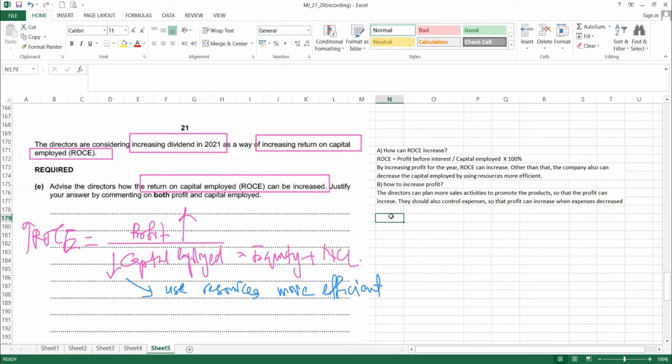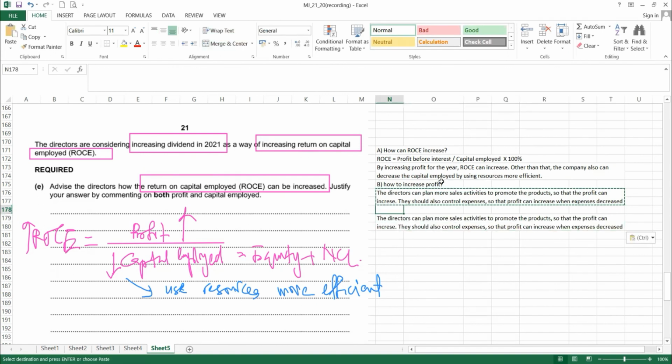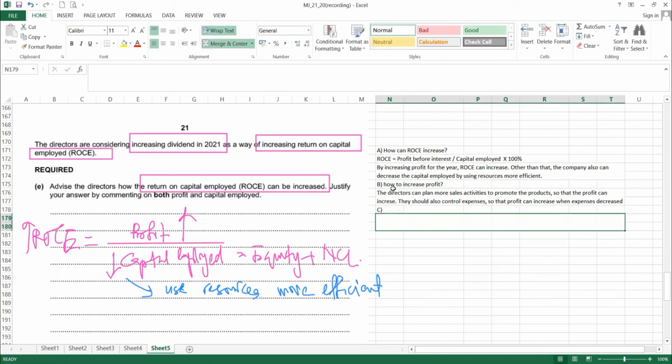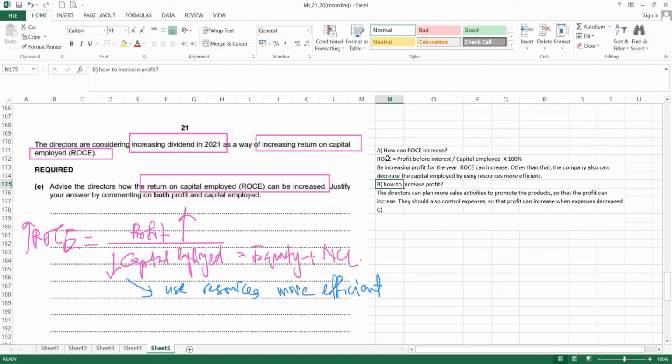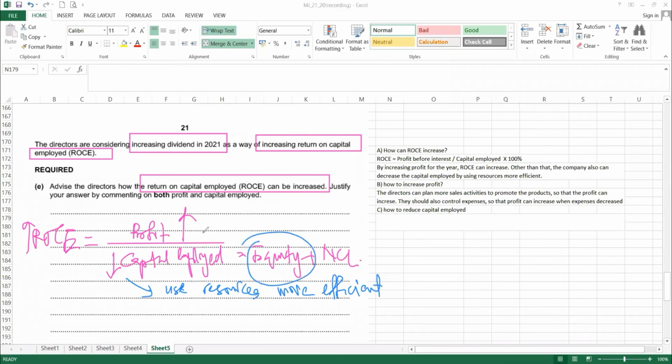Okay, now next, number C, the third point that we should talk about. We already talked about how to increase profit, now we need to talk about how to reduce the capital employed. If you see the components of the capital employed, this one, equity.